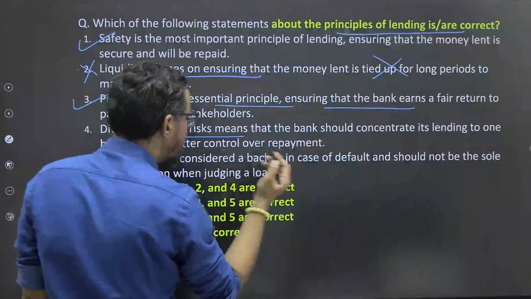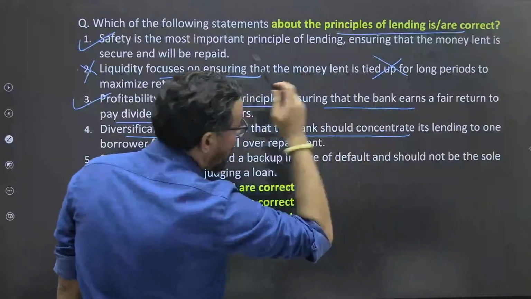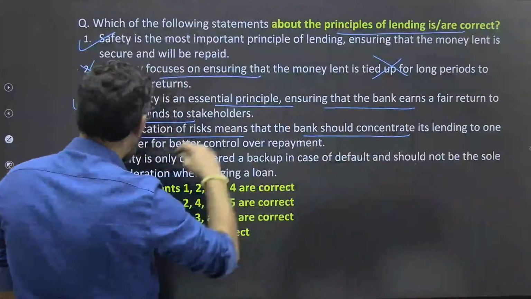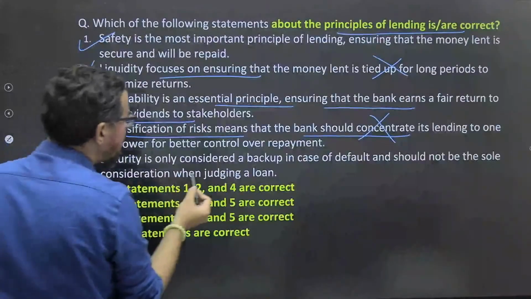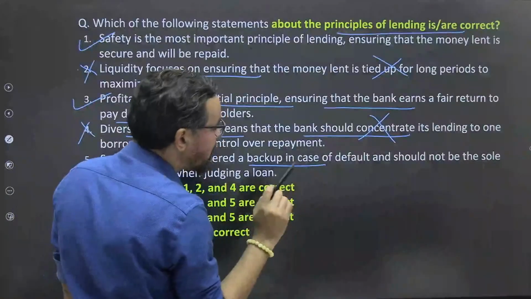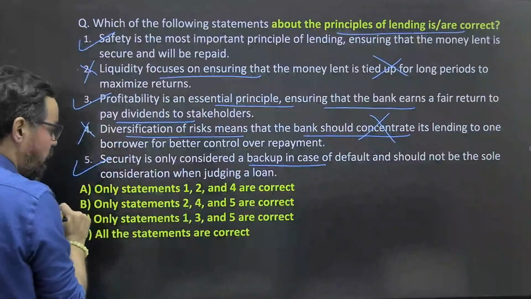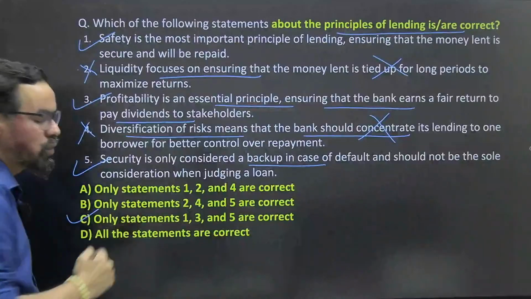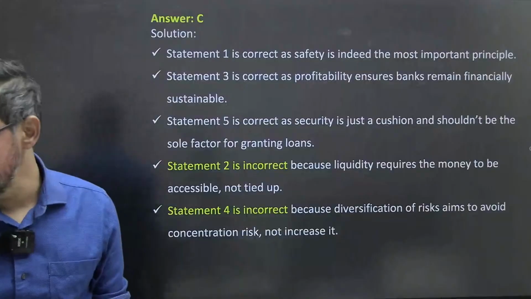Diversification of risk means that the bank should concentrate its lending to one borrower. No, this is concentration risk. Again wrong, team. Security is only considered a backup in case of default and should not be the sole reason. True. So 1, 3, 5 means C should be the right answer for this particular one. Very good guys. Awesome. C is the right answer for this one.